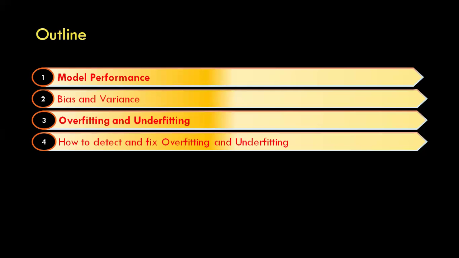In the case of a classification problem, we use metrics like accuracy, precision, recall, and F1 score. In the case of logistic regression or a binary classification problem, we use something called log loss instead of finding the error, actual minus predicted.